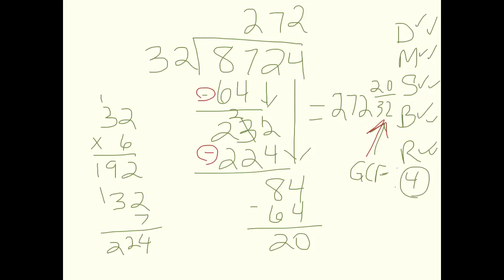So when you divide 20 by 4, you get 5. When you divide 32 by 4, you get 8, and your whole number stays the same. So your final answer for this problem is 272 and 5/8.